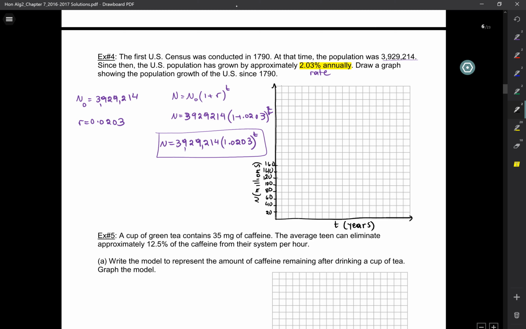This is 0, and then it's 20. Now look at what we're going to do. If this is 20 as well, let's go by 10 years, and so on.